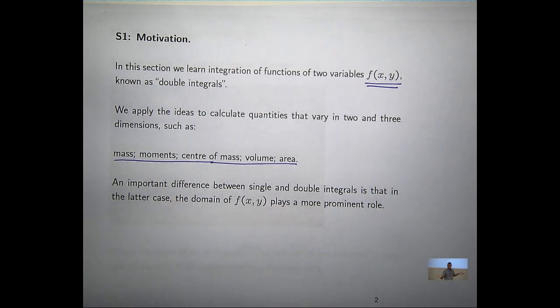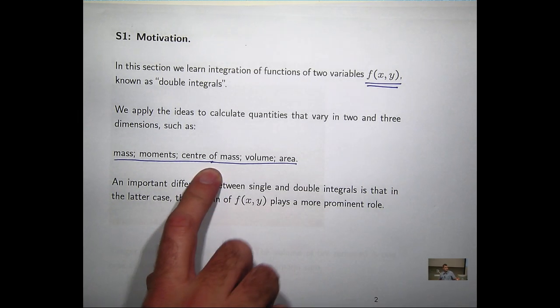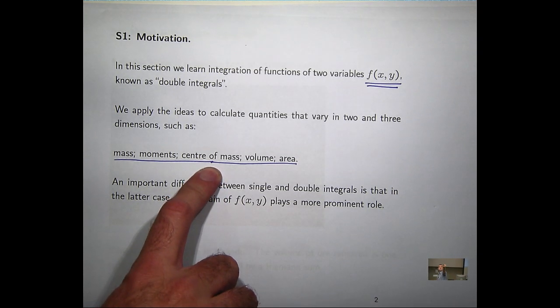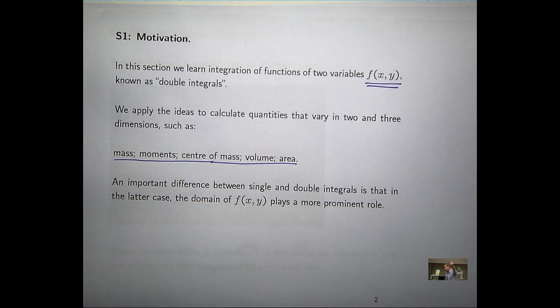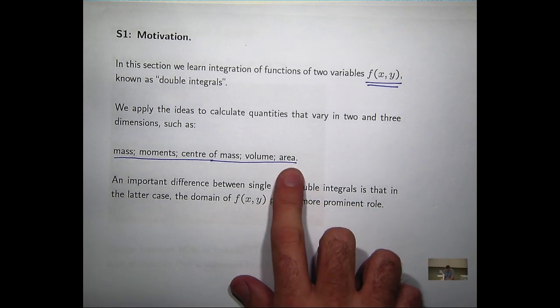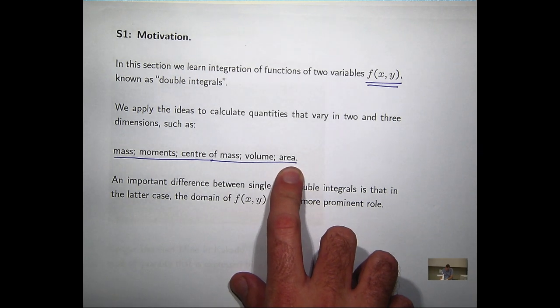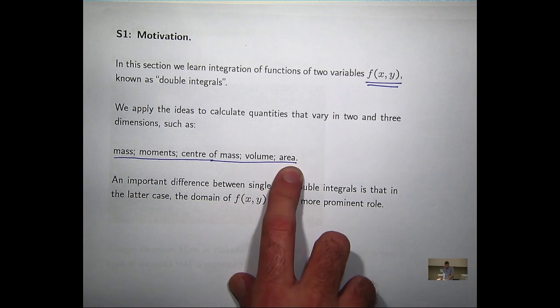Well, you can use double integrals to do that. Again, you might have another two-dimensional plate, and you might want to calculate the centre of mass, or the centroid. You can also use double integrals to calculate area, but I'm not going to talk about that today. We'll talk about that later.